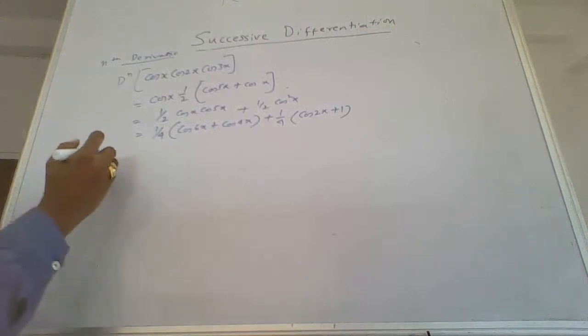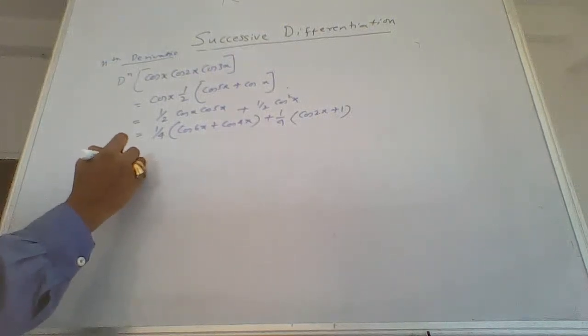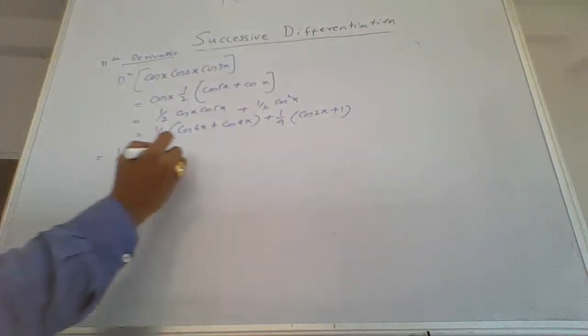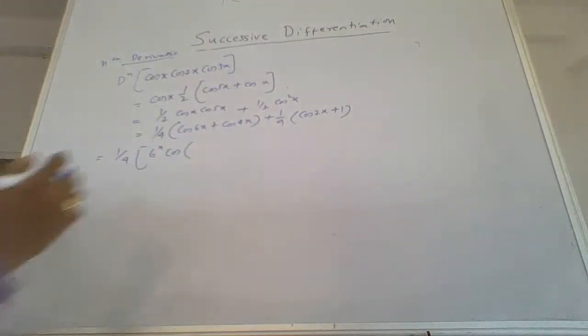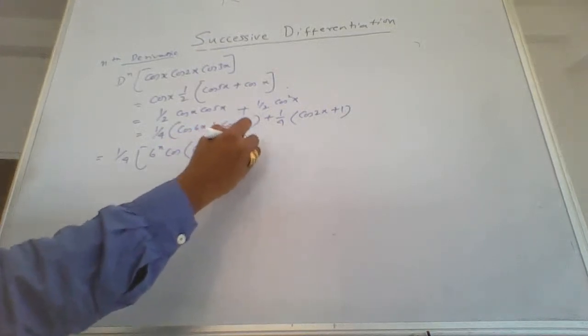Now let us find the nth derivative of this. So I'll have 1 by 4. For this, the nth derivative would be 6 to the power of n cos of 6x plus n pi by 2.